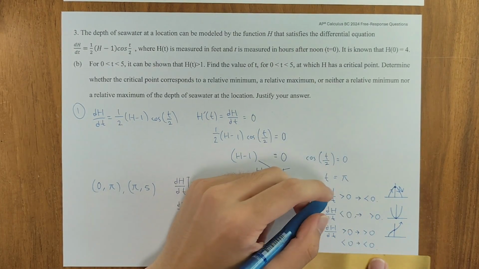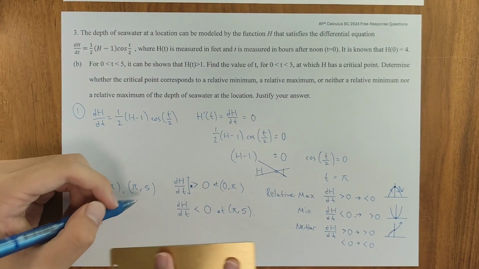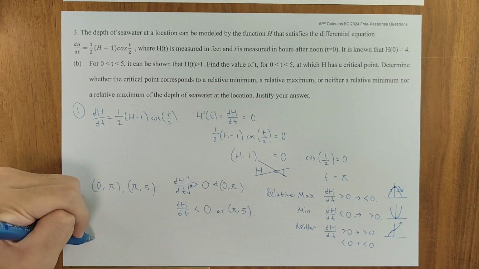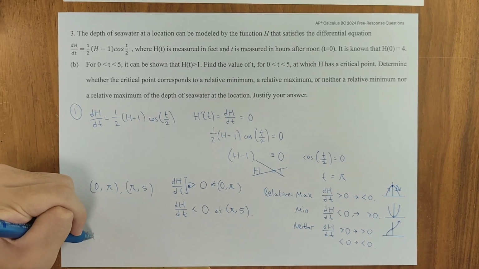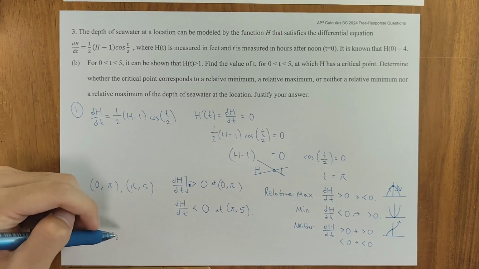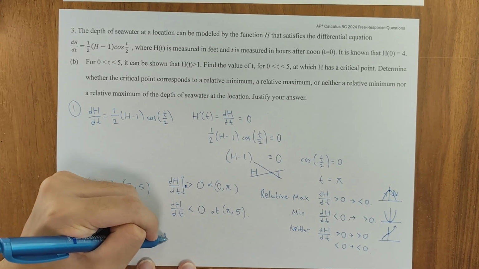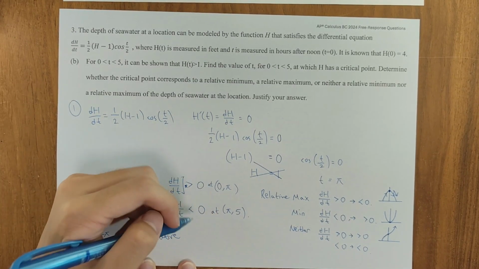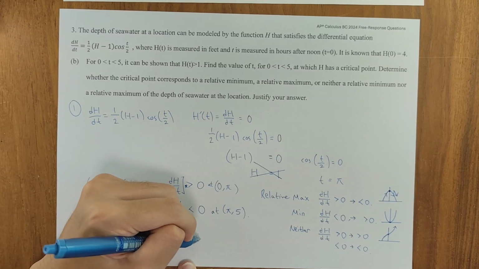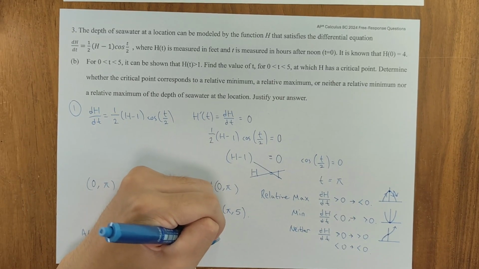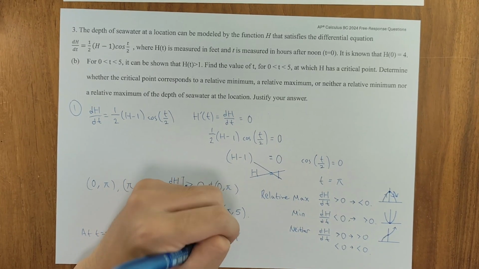So there's a relative maximum at t equals pi. We can write: at t equals pi, there's a relative maximum of h.